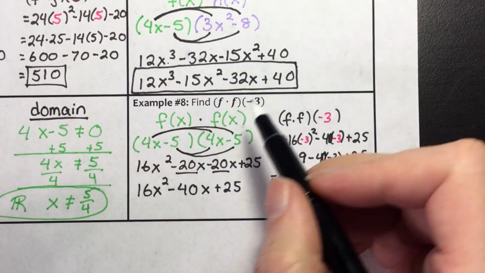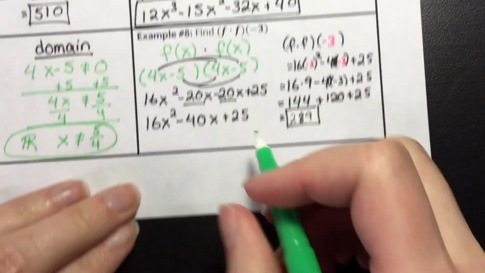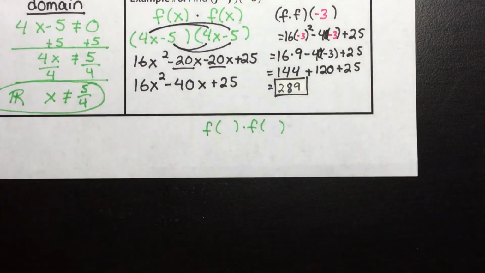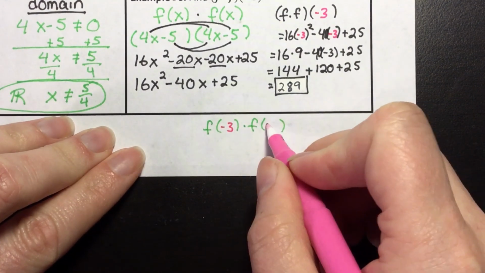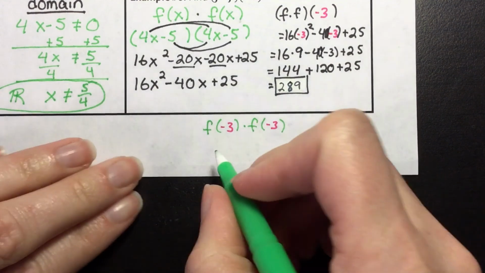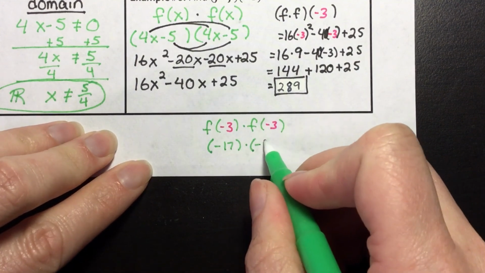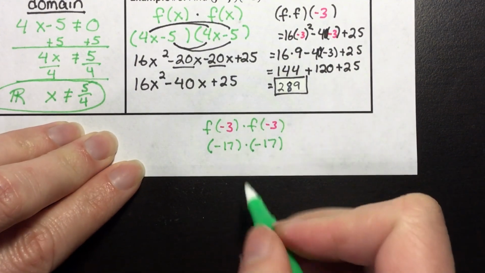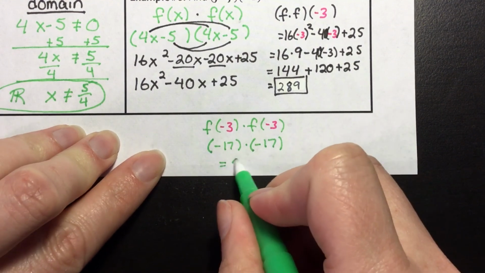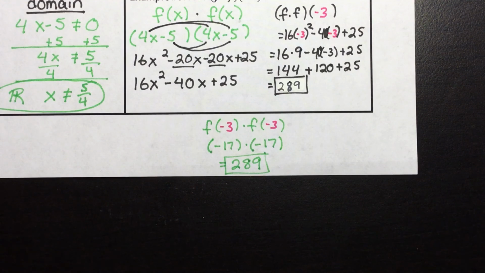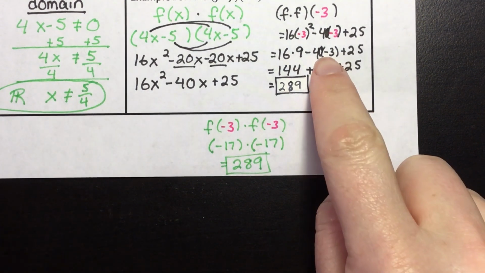So if we did f of negative 3 times f of negative 3, we would end up with negative 17, which is the answer that our calculator gave us in the table, times negative 17. And if you multiply negative 17 times itself, you get positive 289. So it doesn't matter if you do it in the calculator or by hand, you should get the exact same answer, as long as you don't forget to write in part of your problem.